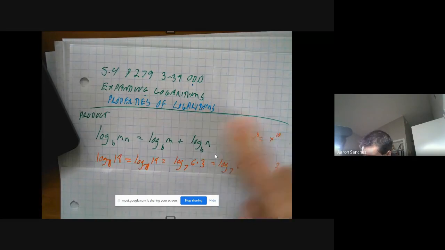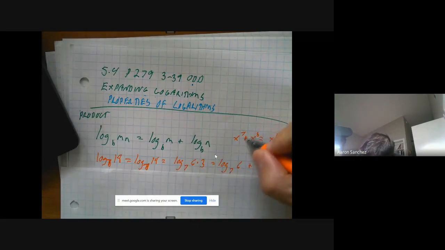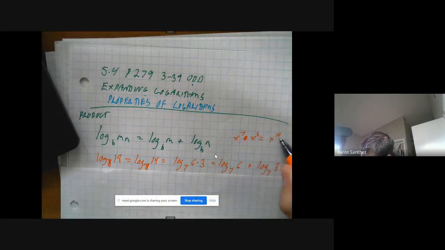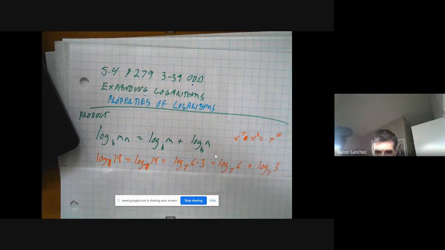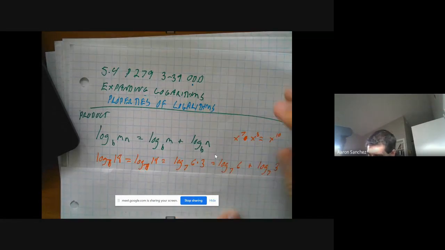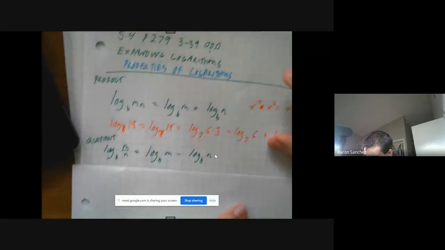It's all based on, when you multiply, sorry, this is multiplying exponents. When you multiply two bases the same, you add the exponents. Well, these end up being like the exponents, and that's what the property comes from. The quotient rule, now instead of adding, we subtract.